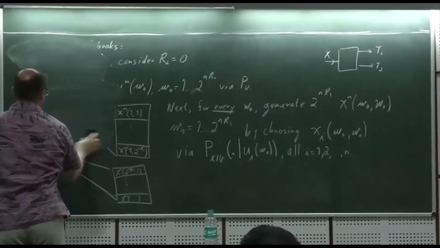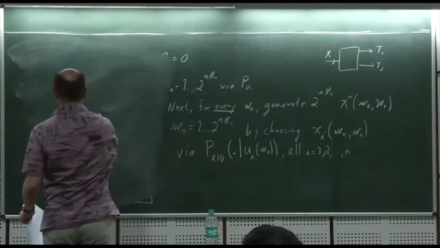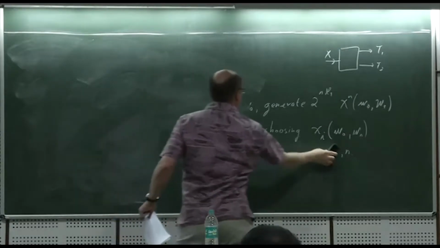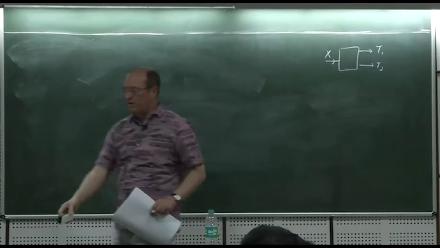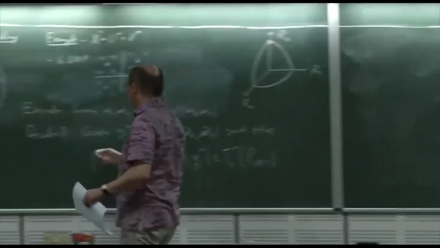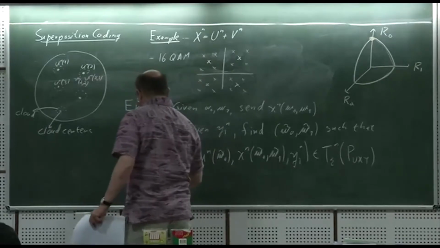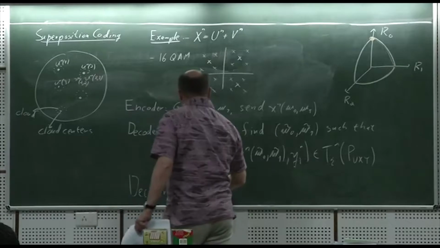And decoder 2 is similar, except of course decoder 2 is just trying to decode the common message. So the only typicality test it will do is with u and not with both u and x, right? Of course, if you're successful, put out the estimates. If unsuccessful, put out a default message.